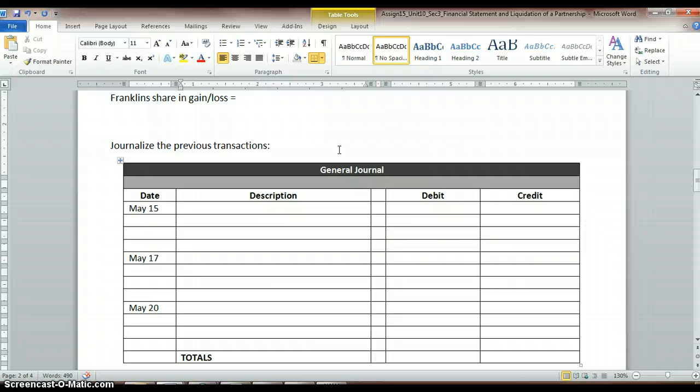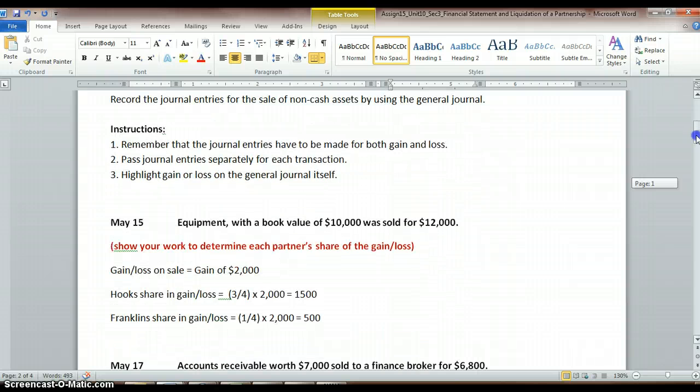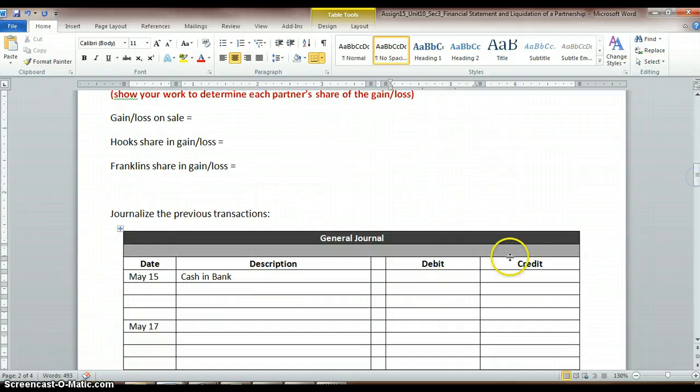The account that will be debited would be my asset account of cash. We'll call it cash in bank. And this is going to be for the amount that we sold it for, $12,000. That's how much cash they gave us for this office equipment.